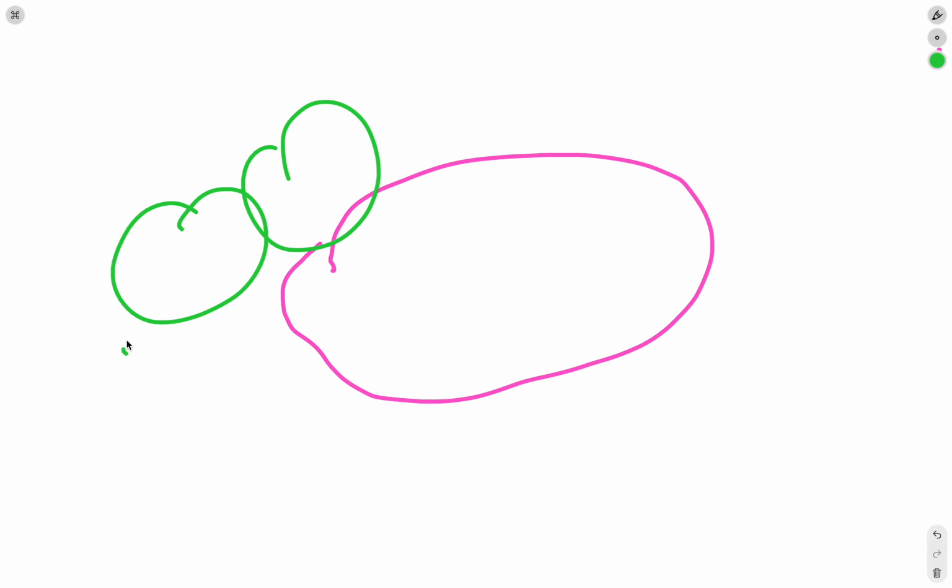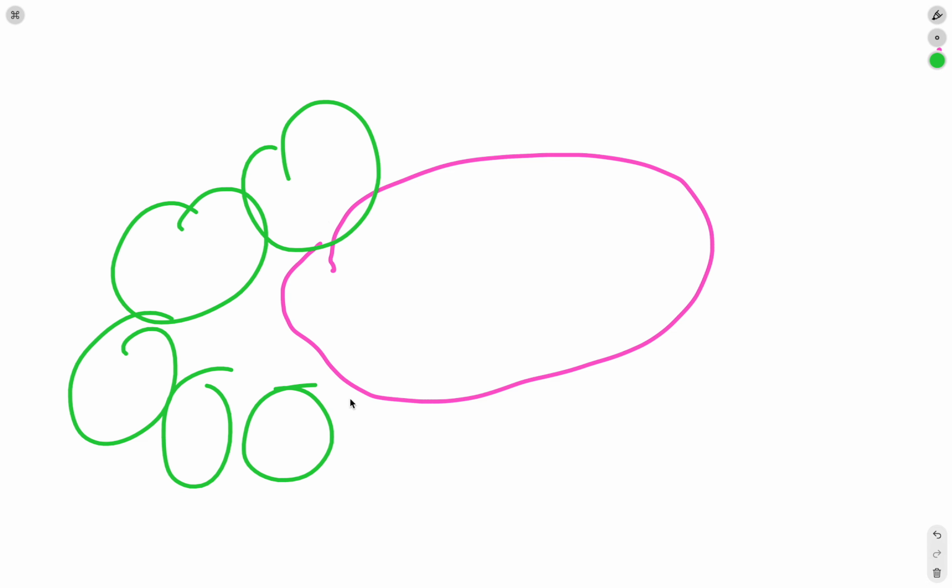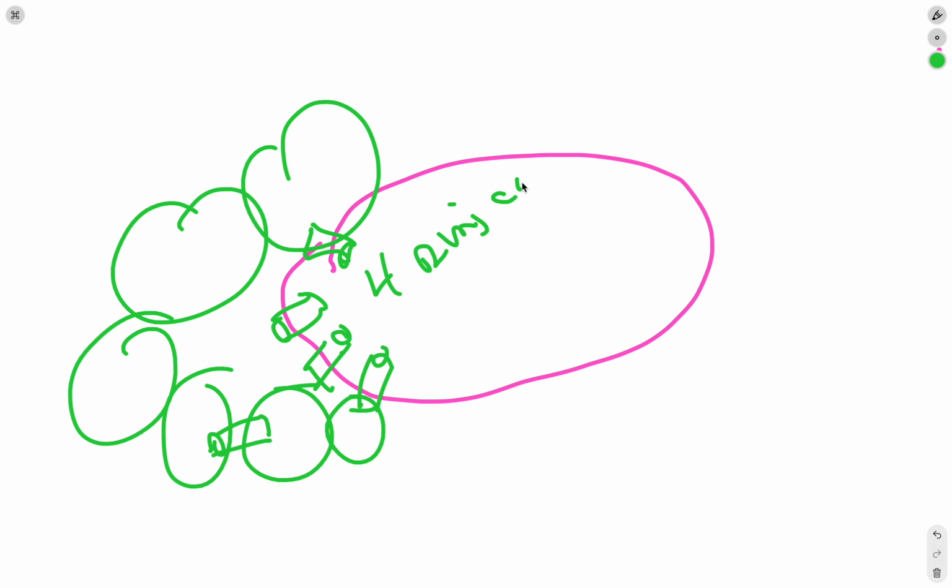And the nurse cells are all connected to each other through ring canals. I won't draw them all. And there are actually 4 ring canals that connect the nurse cells directly to the egg. Again, the nurse cells have ring canals, but there are 4 ring canals, and they're all next to each other at one end of this oval egg.